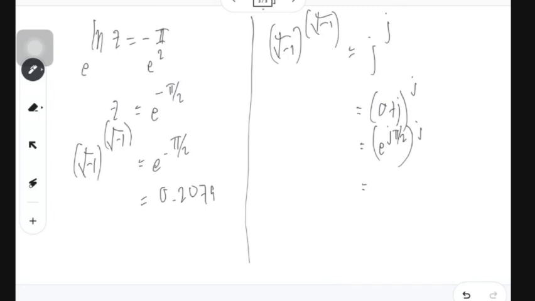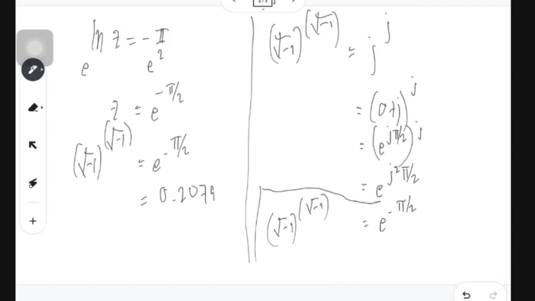We're going to multiply the exponent. Doing so, we have e to the j squared pi over 2. But take note that j squared is negative 1, so magiging e to the negative pi over 2. We arrive at the same answer with a simple solution.